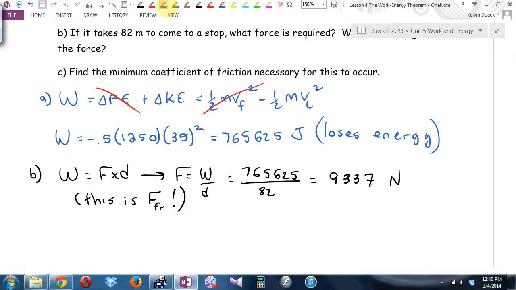McKinley, what's part C asking me to find? The minimum coefficient of friction necessary for this to occur. What's mu? I don't know. What's mu with you? It's asking me to find the coefficient of friction. What did I just figure out? Is there an equation that has force of friction and coefficient of friction in it? There is.